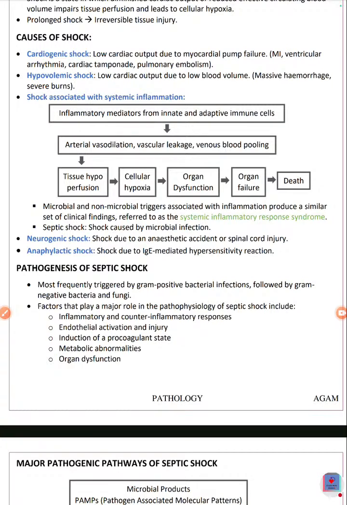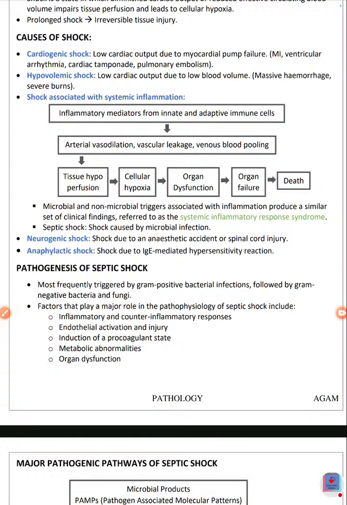There is a counter-inflammatory response and an inflammatory response. Endothelial activation, injury is there.